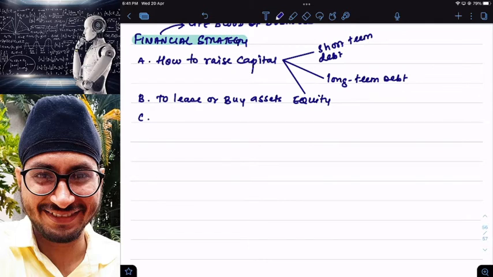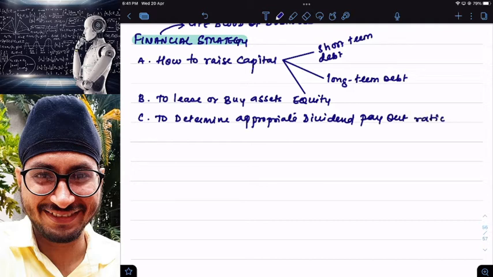Next, we have to determine the appropriate dividend payout ratio. What do we mean by dividend? Let us say 100% of profits the company should not declare as dividend. Why?